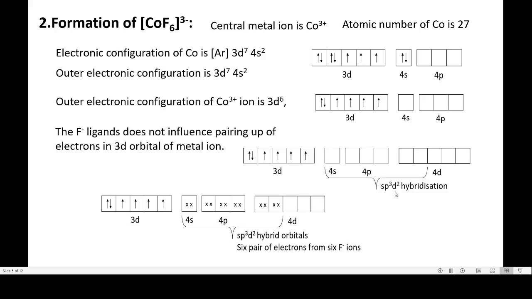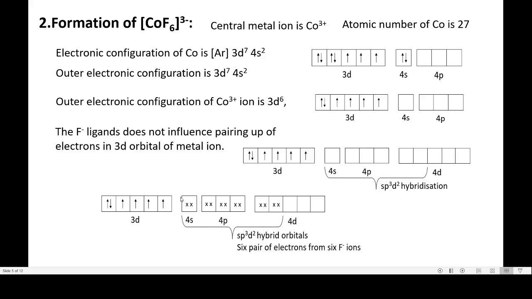So the outer orbitals, that is 4d orbitals, are utilized in hybridization. So one vacant 4s orbital, three vacant 4p orbitals and two vacant 4d orbitals are utilized. So after hybridization, it results in 6 sp3d2 hybrid orbitals of equal energy.